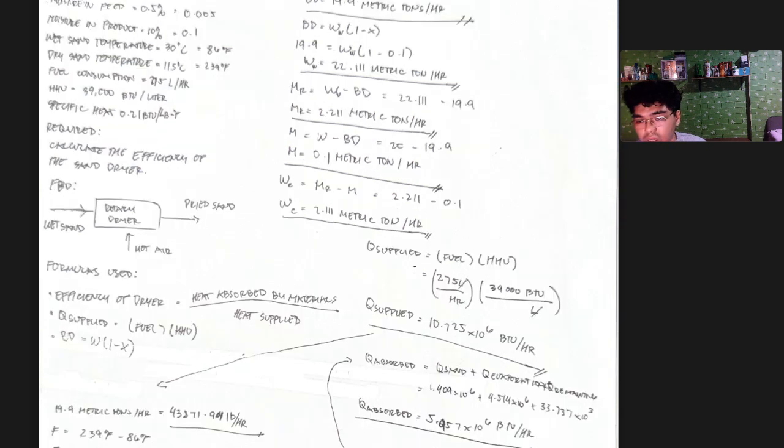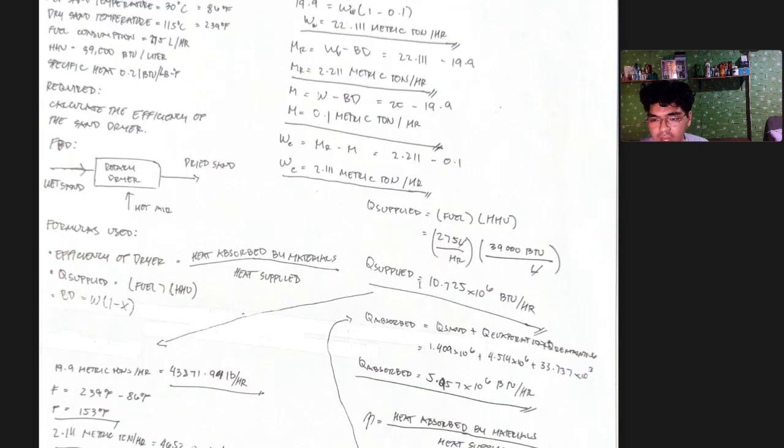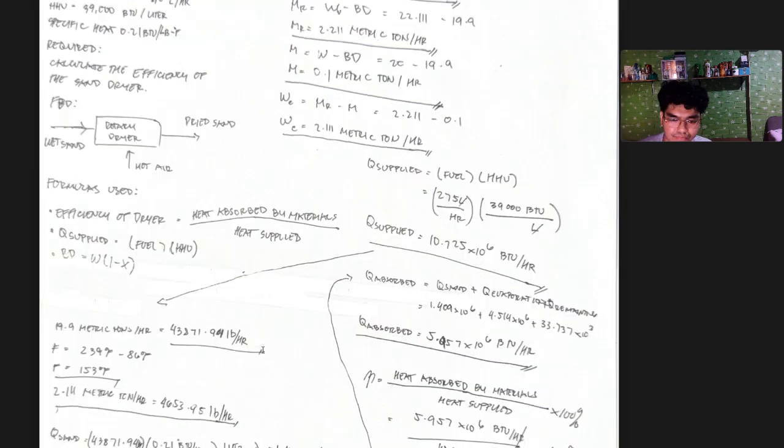For the heat supplied, multiply 275 liters per hour times 39,000 BTU per liter, the liters cancel, so the heat supplied is 10.725 times 10 to the 6 BTU per hour.